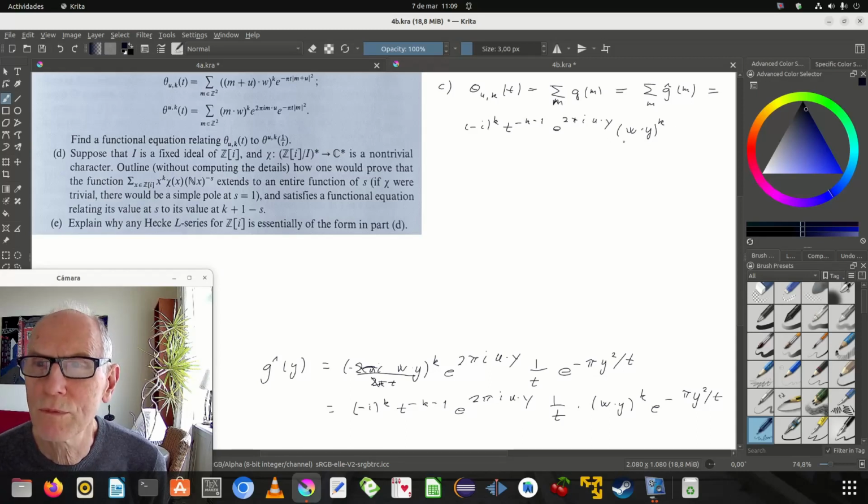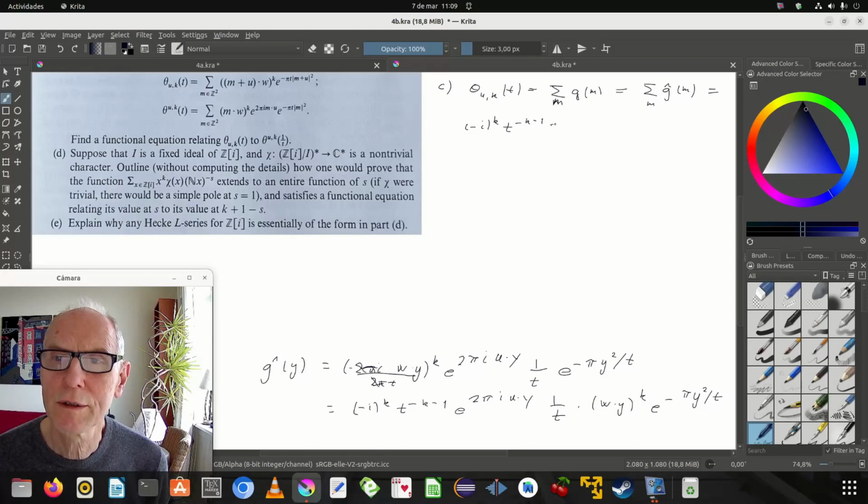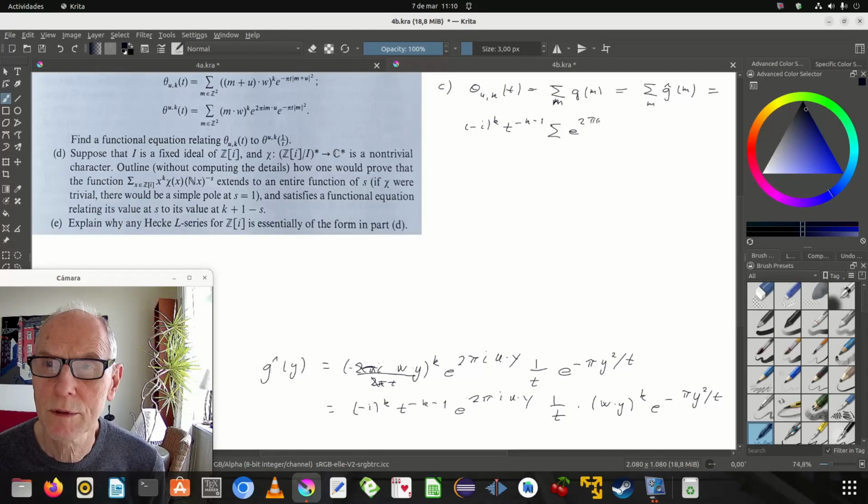Instead of y, I should write m, and then we put the summation in front of it. So we've taken these two and t, right. And it's still m instead of y.